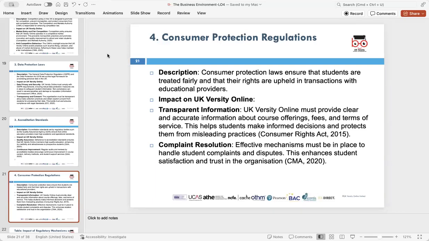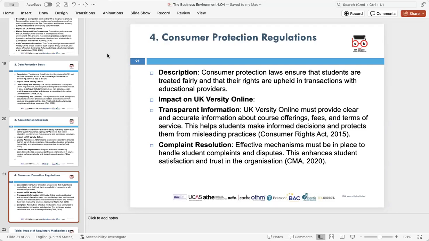Transparent information: consumer protection regulations mandate that Varsity Online provides clear and accurate information about the course offerings, fees, and terms of service. This transparency helps students make informed decisions about their education and protects them from misleading practices.